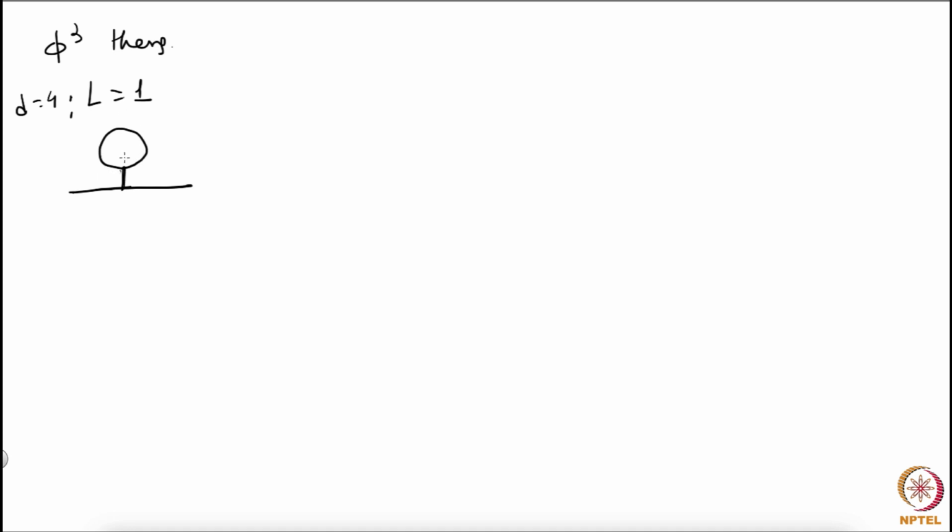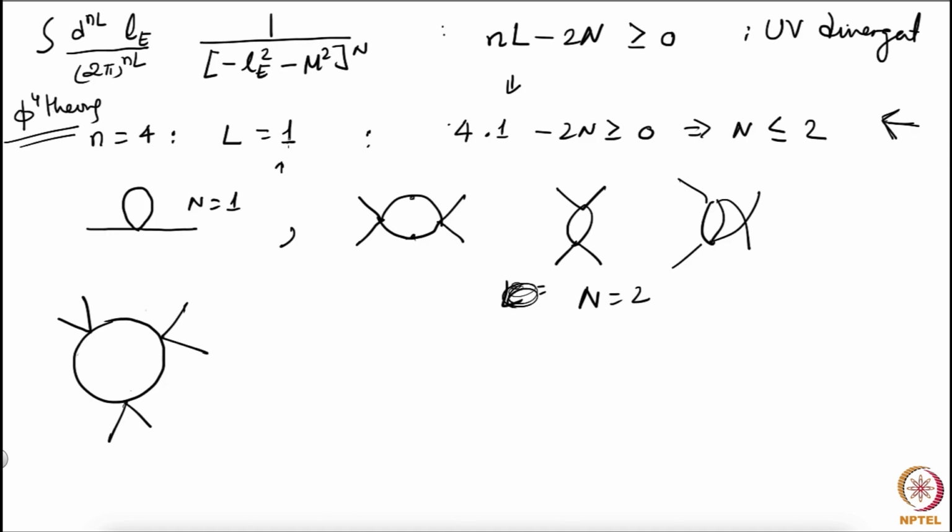So this diverges because it's only one propagator, N is equal to 1. How about this? This is 3 propagators, one loop, 4 dimensions. So this will be finite, right? Ultraviolet finite, which is true because it brings 6 powers in the denominator. You have 4 powers in the numerator. So this is also consistent with what we have found here.